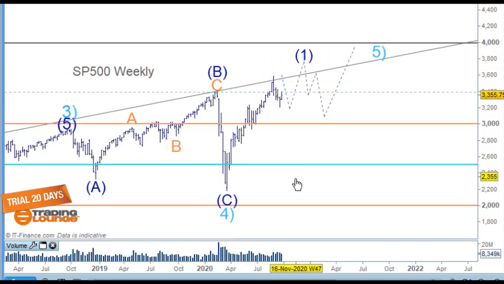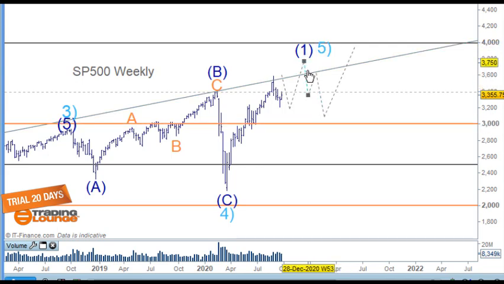The other point that we've been tracking is that this is the top of a 3rd wave, looking for a 4th wave here, and then for a 5th wave up here. But this 5th wave up here could be wave 1, or it could be wave 5 to complete. I think it's wave 1, but we can't rule out wave 5 either.